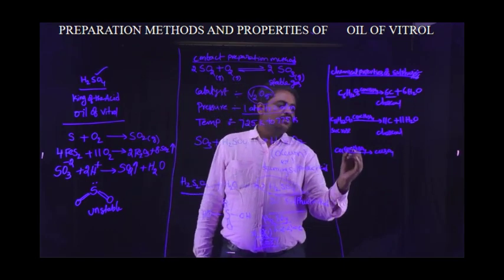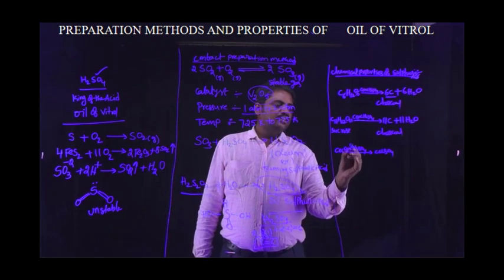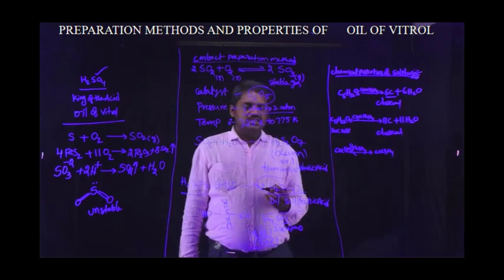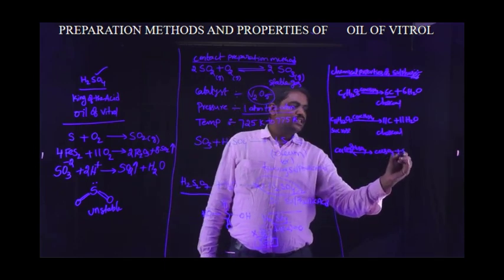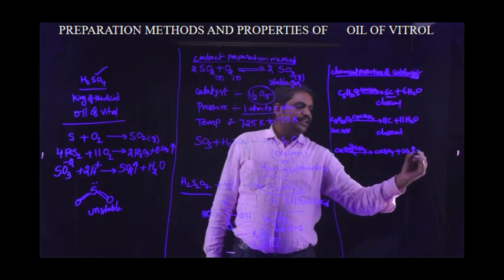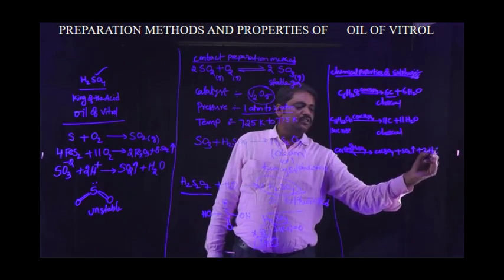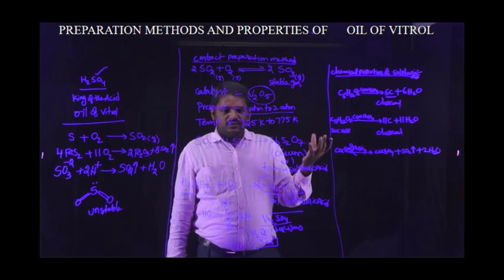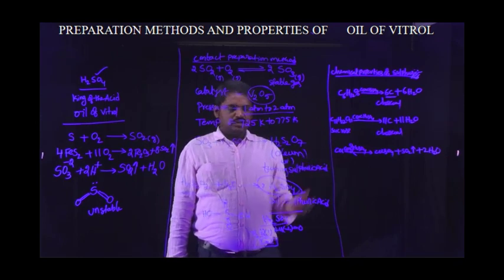For example, 1 mole of copper reacts with 2 moles of sulfuric acid to produce copper sulfate, and sulfur dioxide gaseous molecule is eliminated, and 2 moles of water molecules are also eliminated.